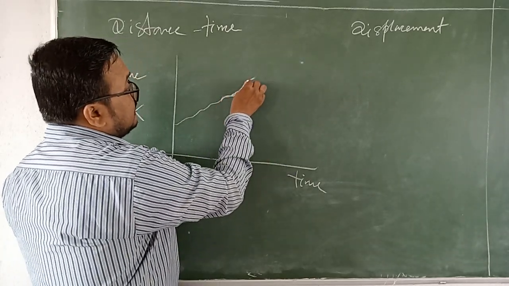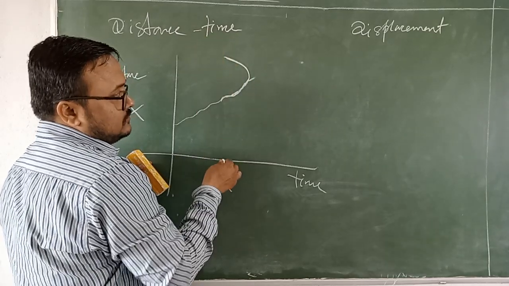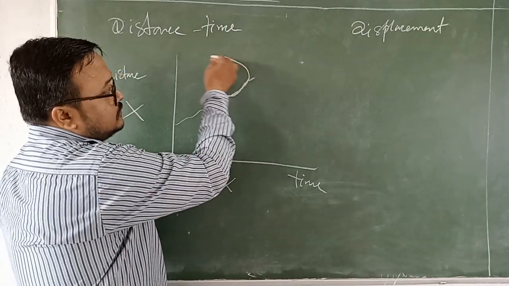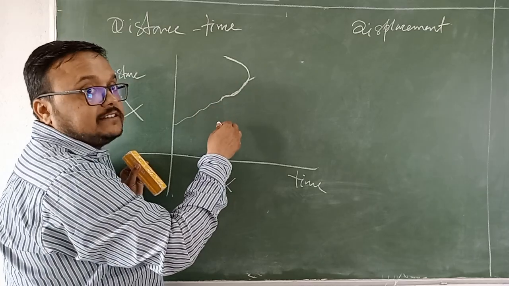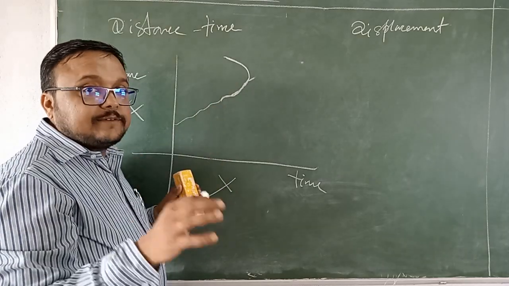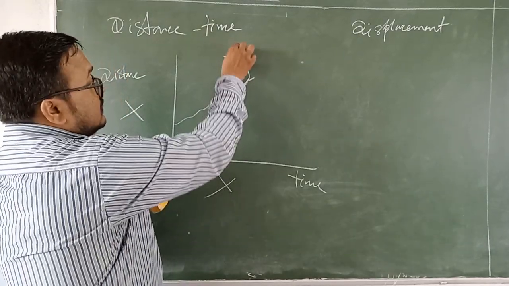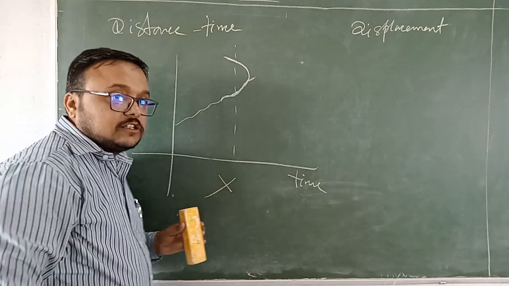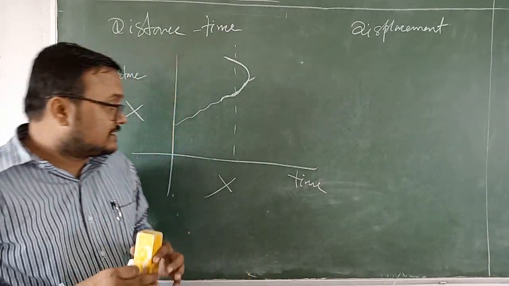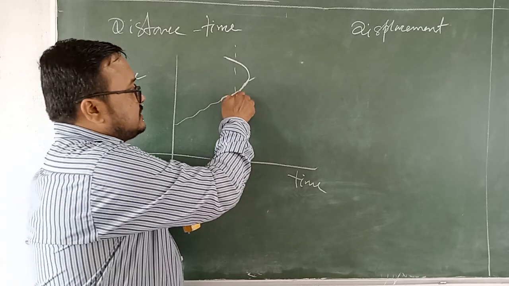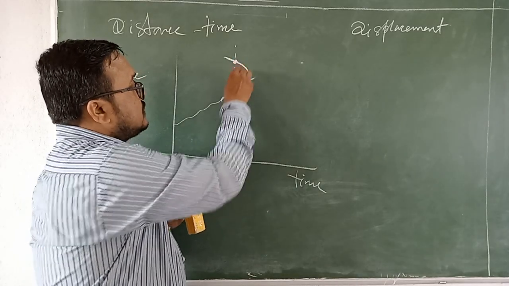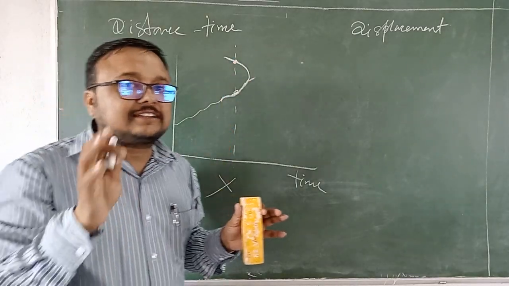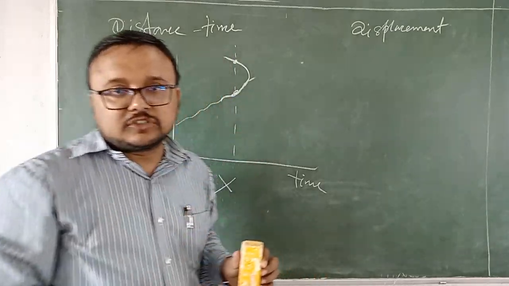So graph will never go like this. This means we are going back in time, but time is never negative. Also, if you draw a straight line from the time axis, then you get 2 points. It indicates that the object is at 2 places at same time, which is also dangerous.